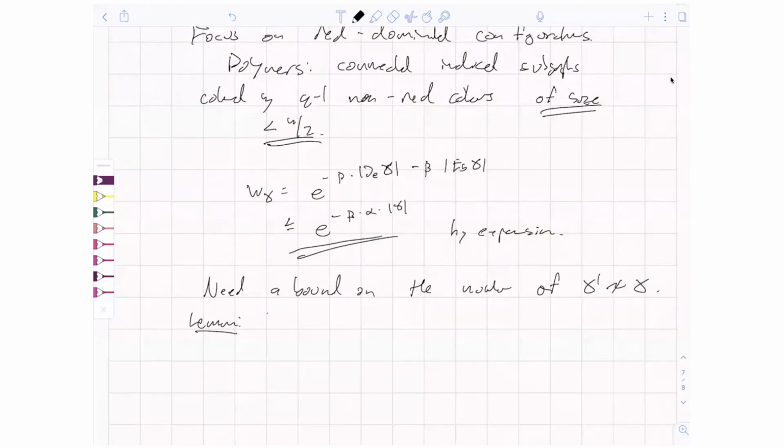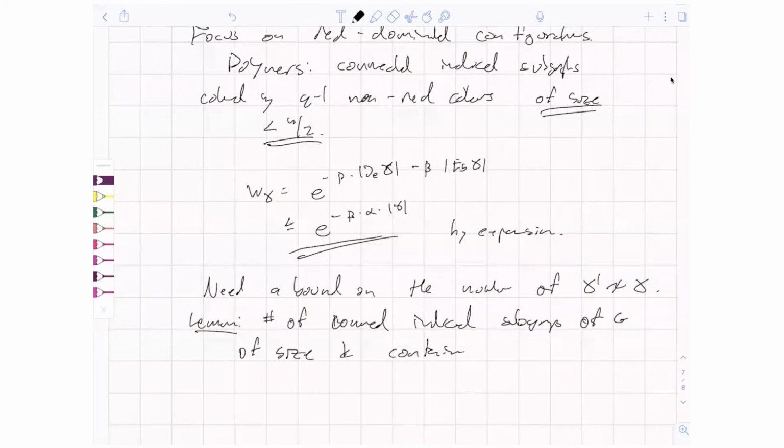The number of connected induced subgraphs of G of size k containing some fixed vertex is at most (e delta)^k. So delta, again, here, is the regularity or the max degree, but there's an exponential bound on the number of connected induced subgraphs that contain a given vertex.